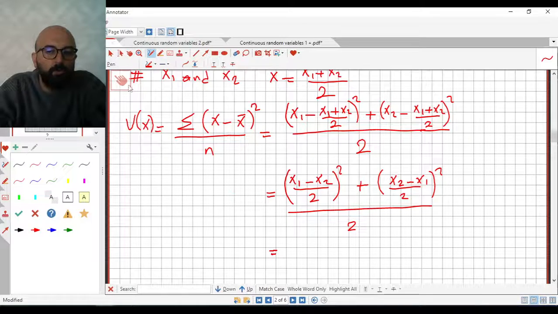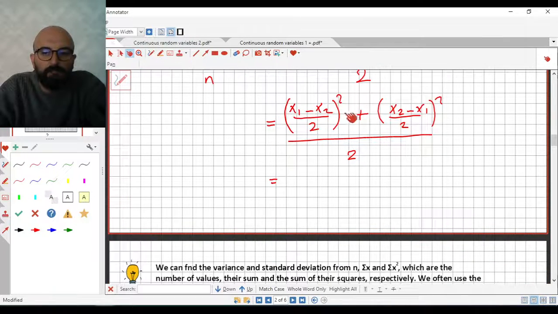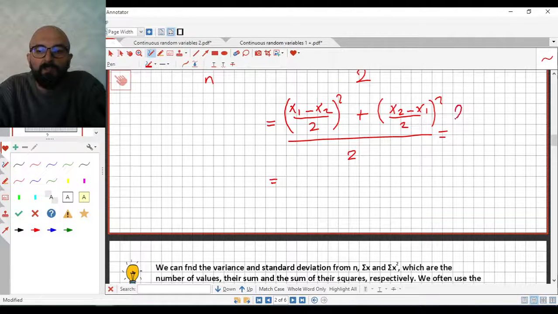And it's the same process, because positive squared and negative squared both become positive, so I can write 2 multiplied by ((x1 minus x2) over 2) squared, over 2.